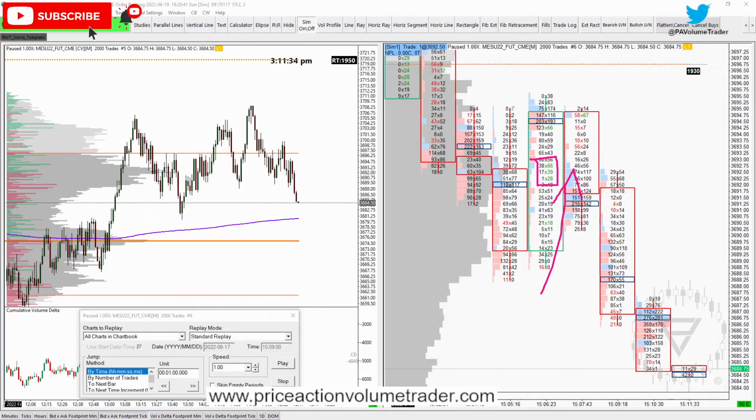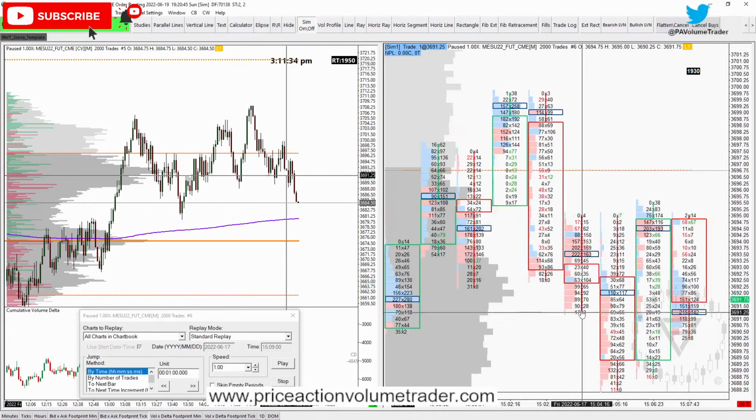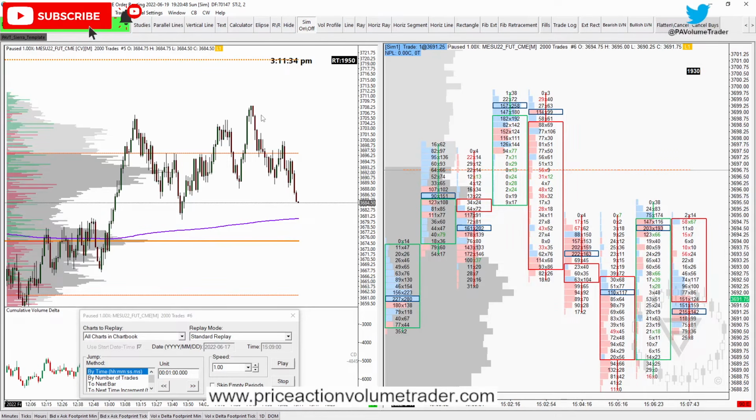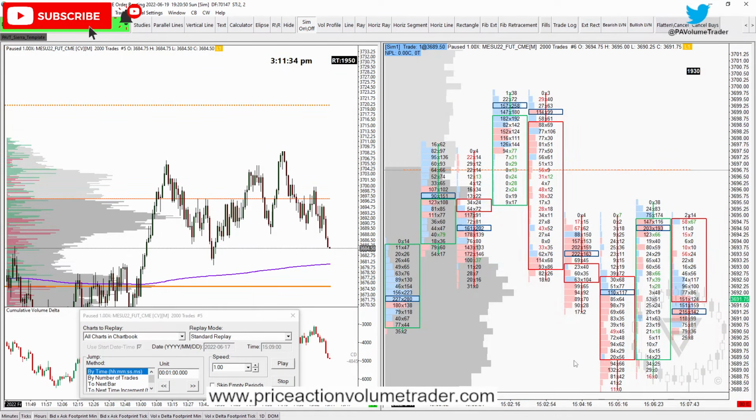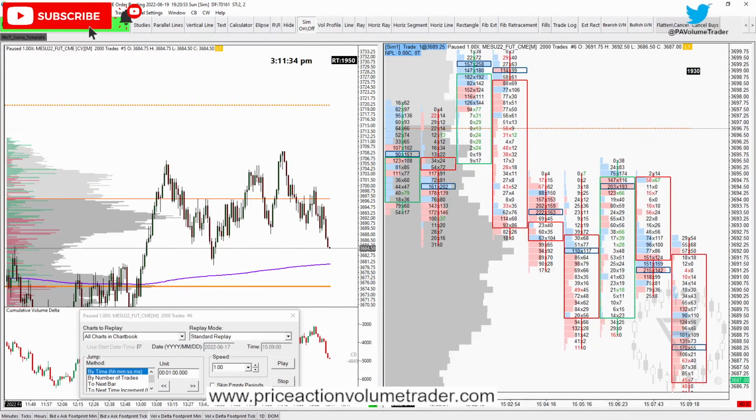Okay, and on the other side, you can see from the chart that this has been a very aggressive move down right here. Coming down on this candle, you can see we have a lot more bearish imbalances than bullish, and that just shows the momentum and the aggressiveness of the move.